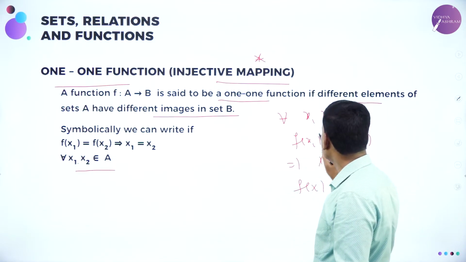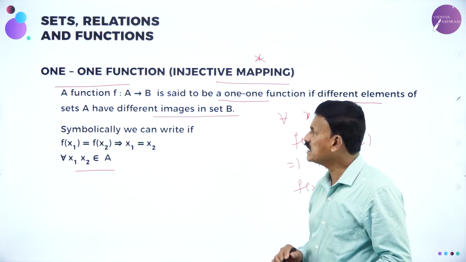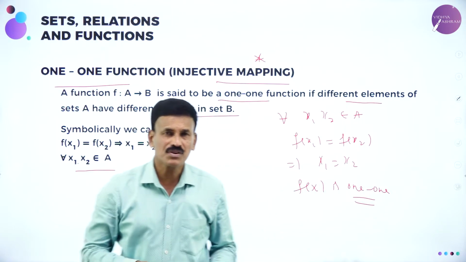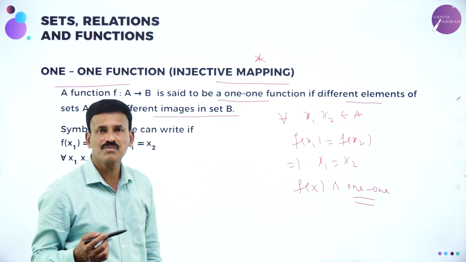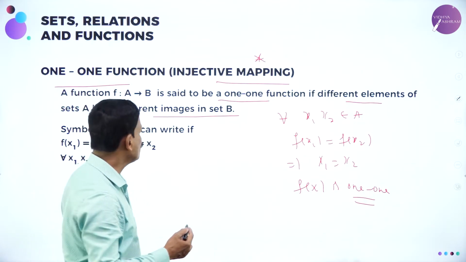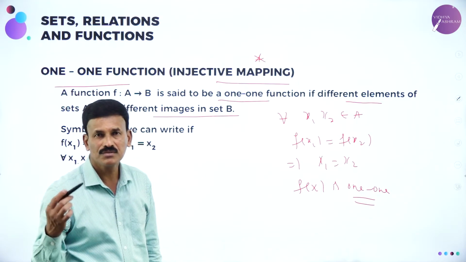So a function f from A to B is said to be a one one function if different elements of the set A have different images. That is, if for all x1 comma x2 belongs to the set A, f of x1 is equal to f of x2 implies x1 is equal to x2, then f of x is called a one one function.